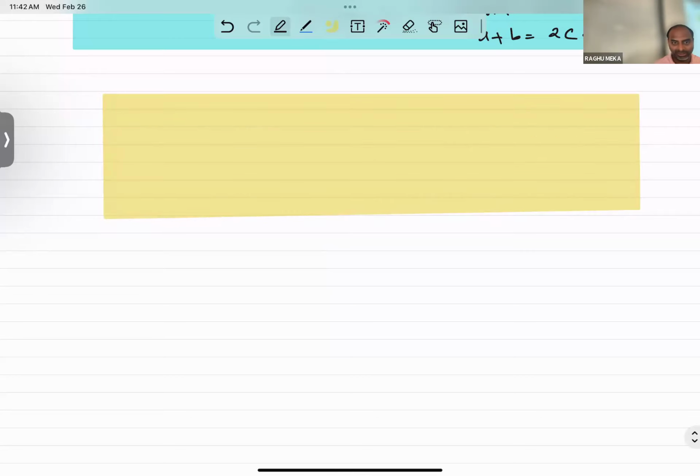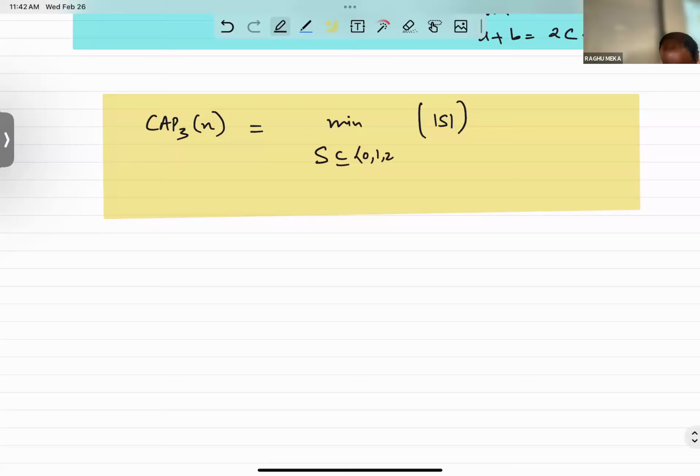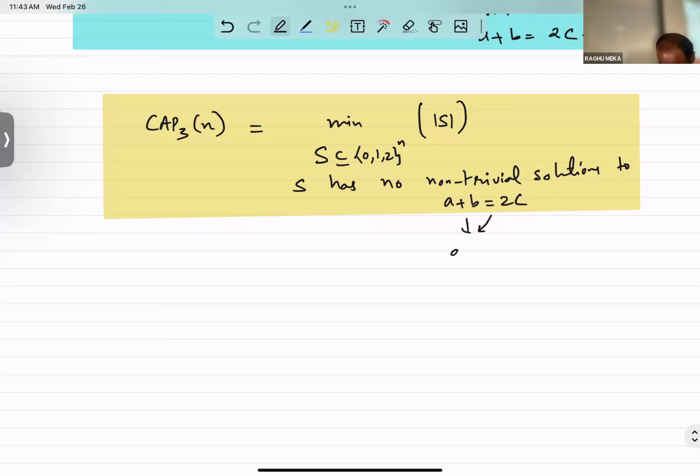Let me call it cap 3 of little n. I'll define it more formally next time, but it is the min size of S subset of {0, 1, 2}^n such that S has no non-trivial solutions to a plus b equals 2c.